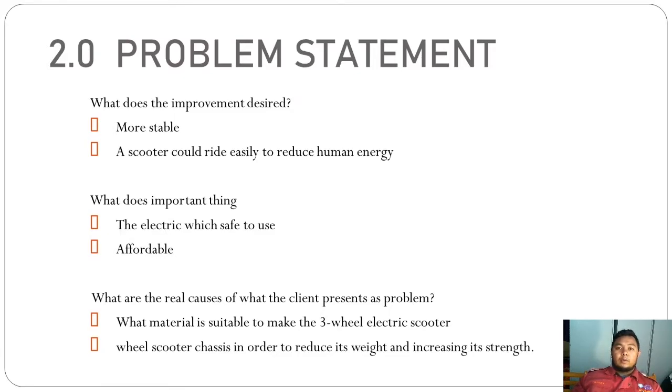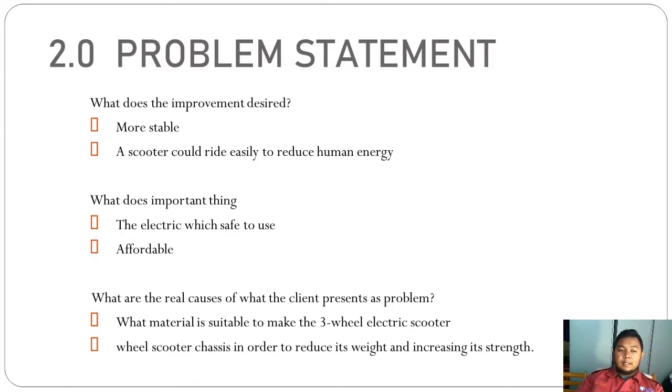First thing first, what does the improvement design need? Firstly, we want a more stable and firm design, and a scooter that can be ridden easily to reduce human energy.